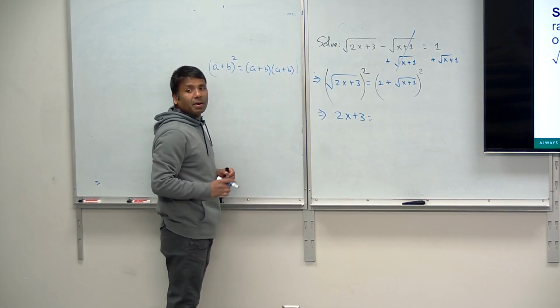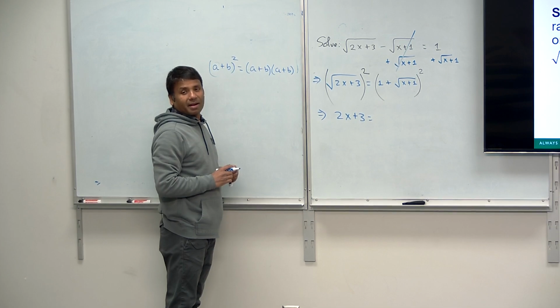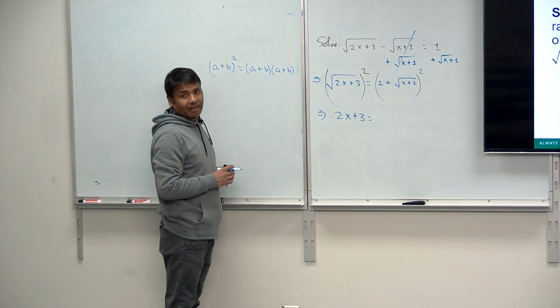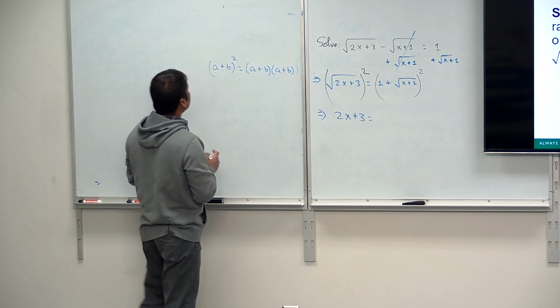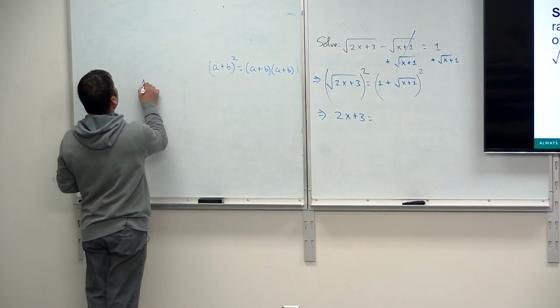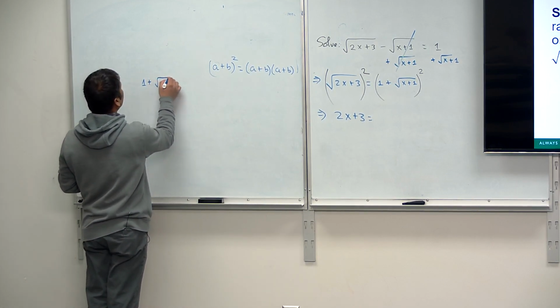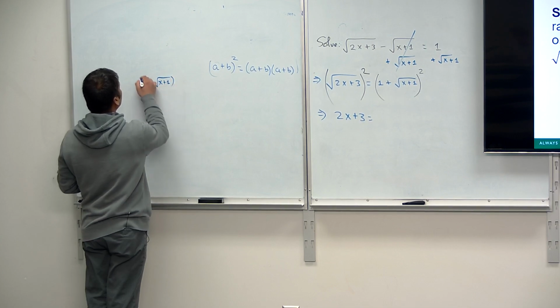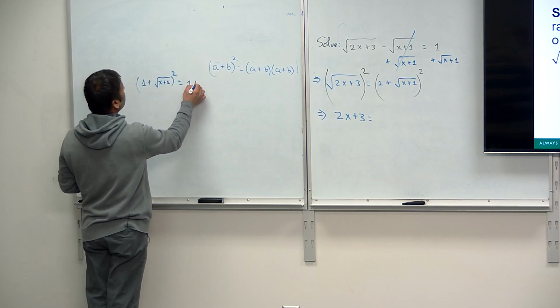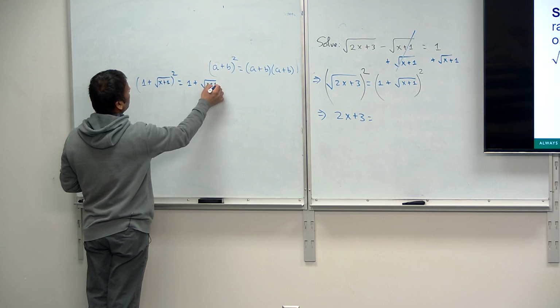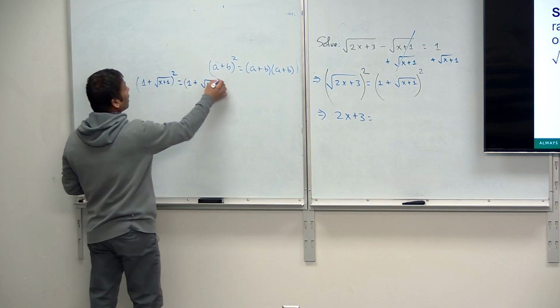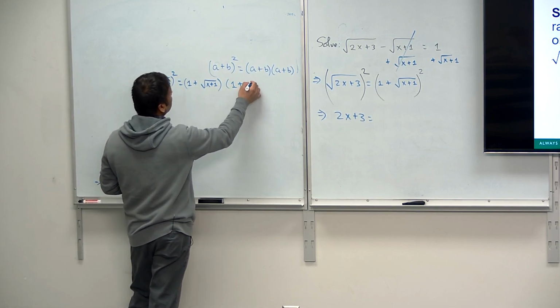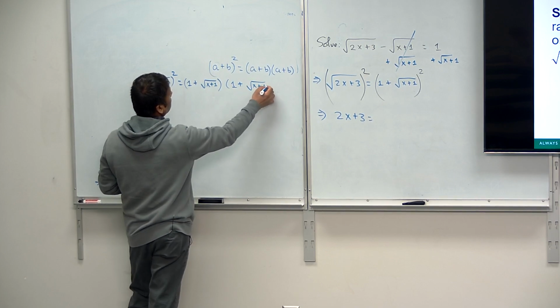Is that right? Yeah. Right? You do the same thing. Okay, so now you have 1 plus radical x plus 1, squared, equal to 1 plus radical x plus 1 times 1 plus radical x plus 1.